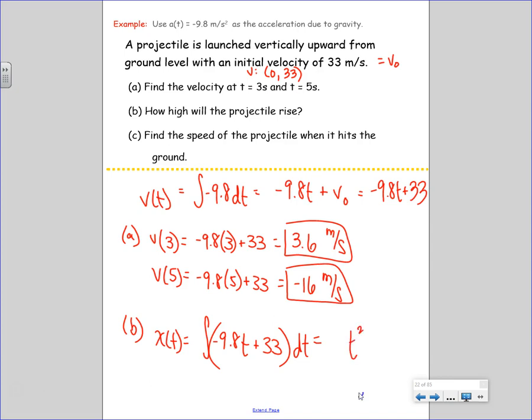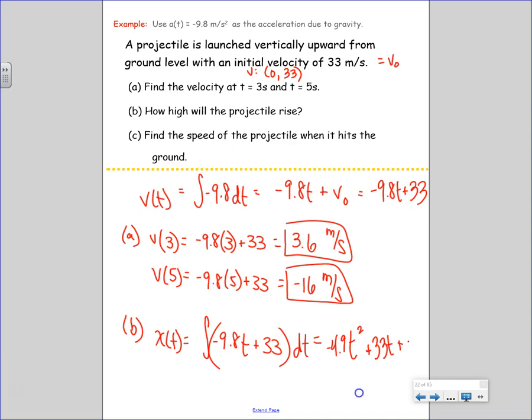What's negative 9.8 divided by 2? 4.9. Then I have 33t plus c.